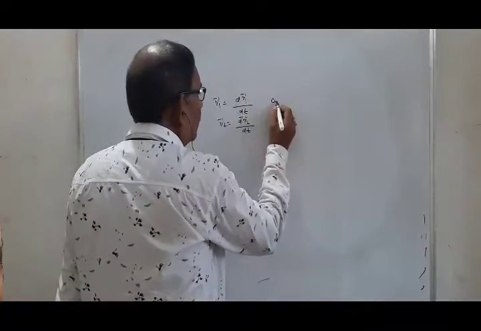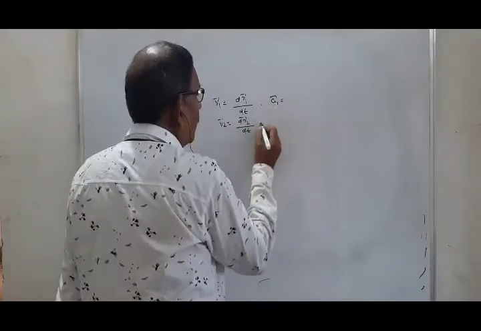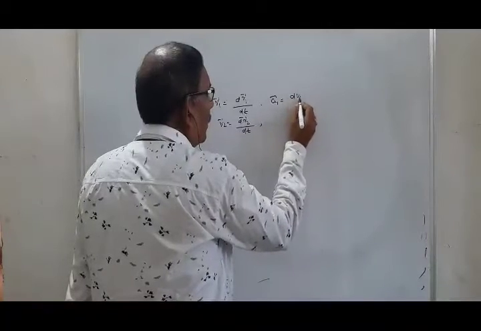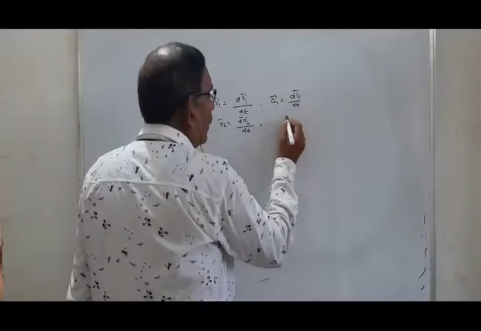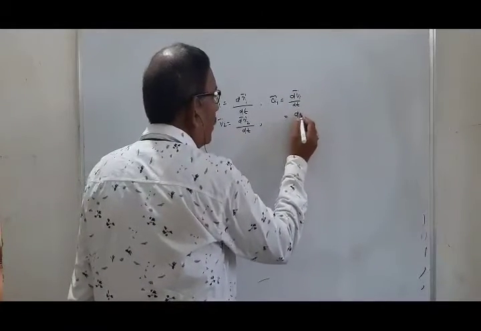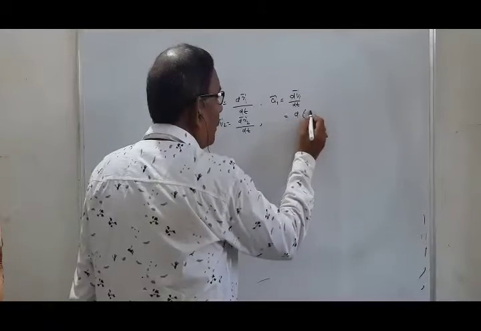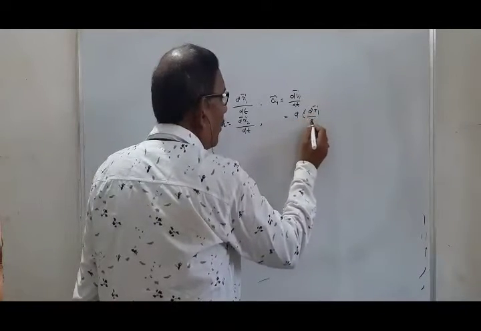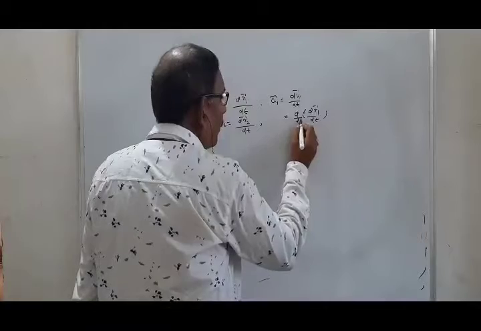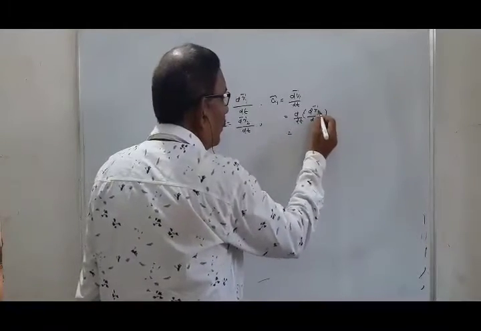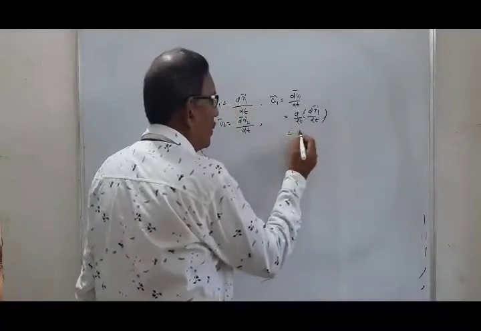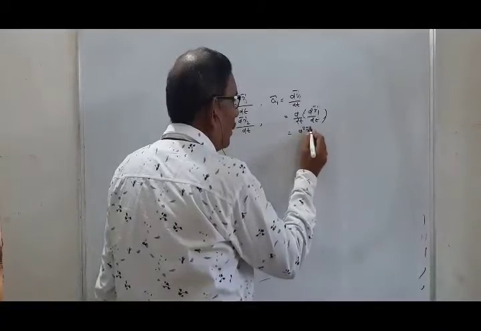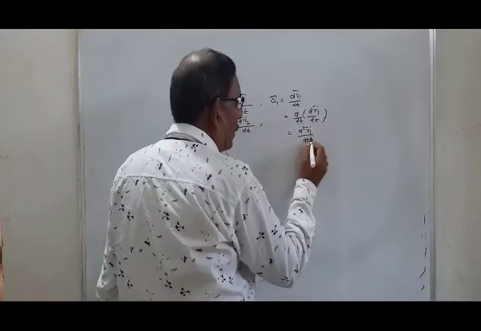Similarly, accelerations. A1 is dV1 by dt, which is equal to d of dr1 by dt, the rate of change of velocity. So that is d square r1 by dt square.